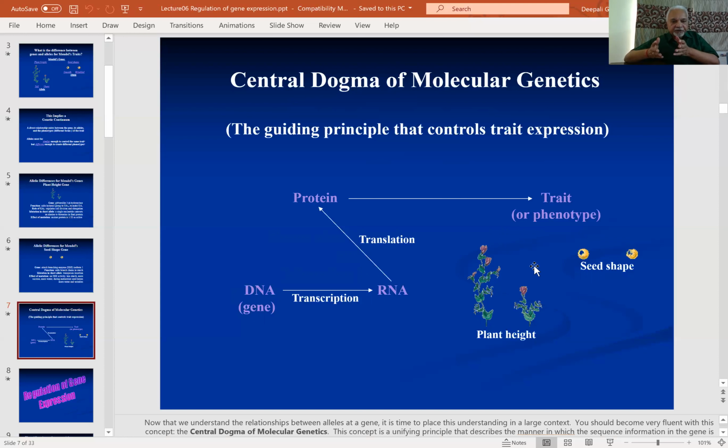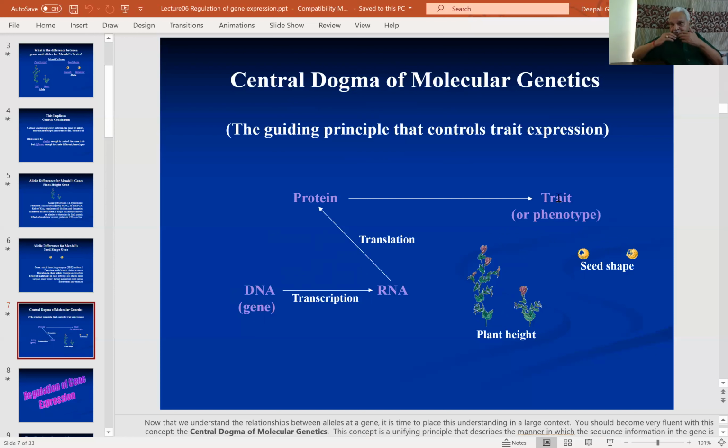Height, for example, he considered as existing in two alternative forms, tallness and dwarfness, that is capital T, small t, and all that. I'm not going into the details of that. So the only point I'm trying to make is that today we understand that the genetic variation which is observed is controlled by these central dogma principles, that any trait has a genetic basis or a gene for it, which makes a protein, and then that protein controls the trait.